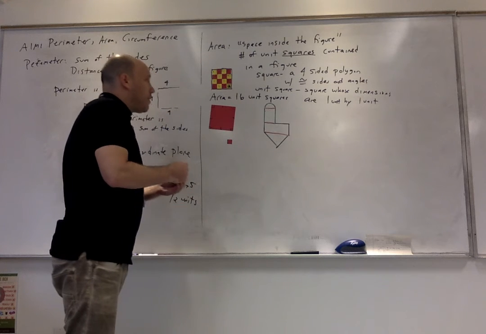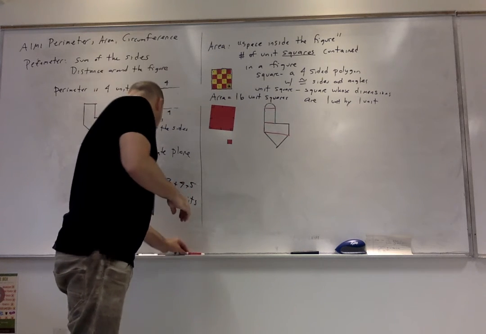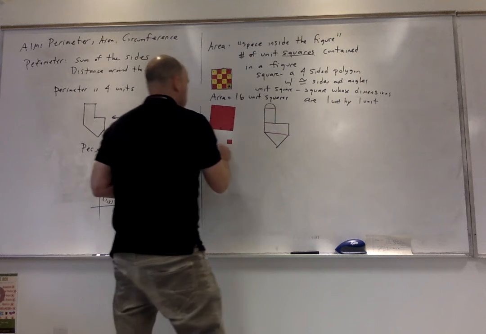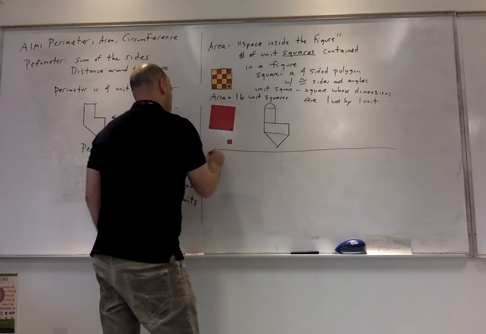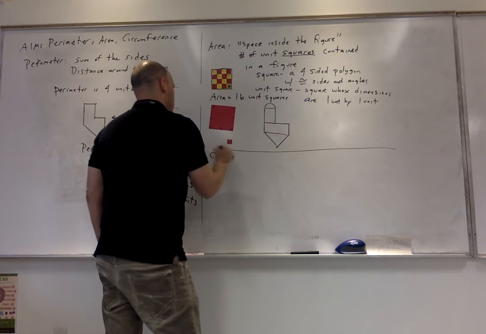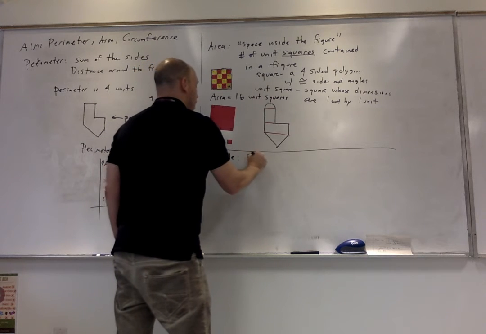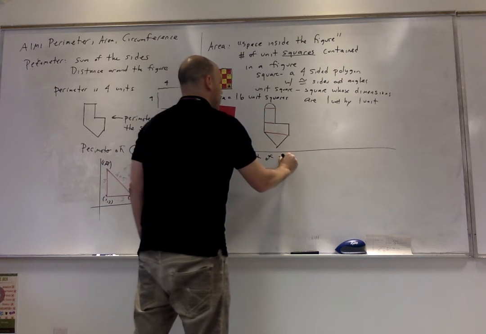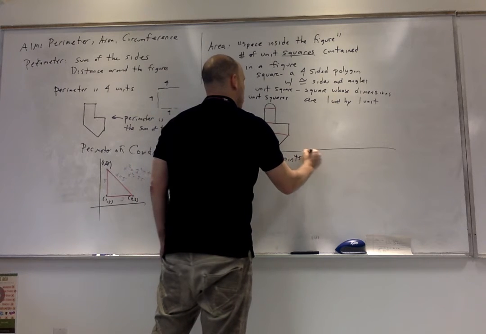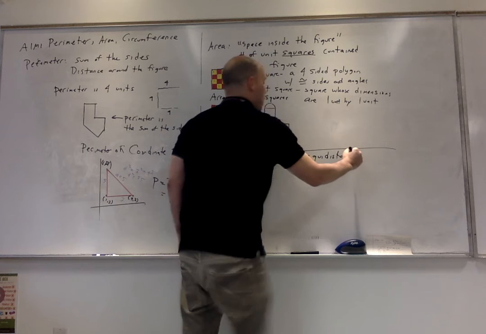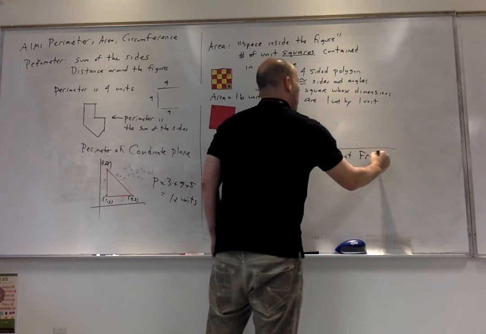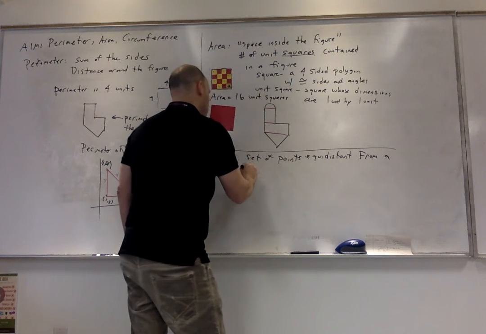Okay, that's it. What's the last thing we need to talk about? The last thing we need to talk about is a circle. A circle is a set of points equidistant from a fixed point.